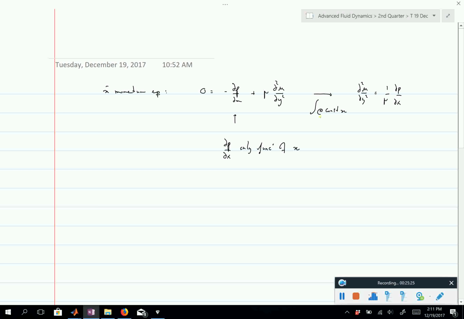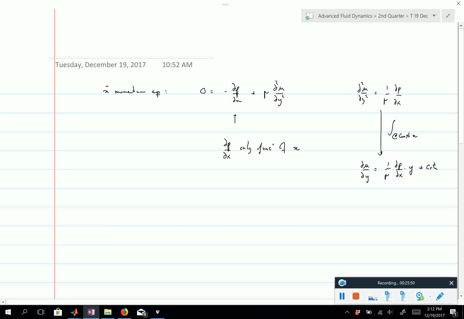So here I just rewrote. So if I integrate once at a constant x, I get that partial u over partial y is equal to 1 over mu partial p over partial x times y plus a constant.